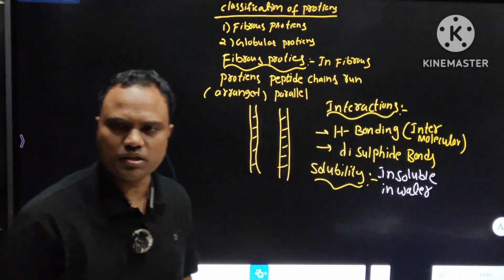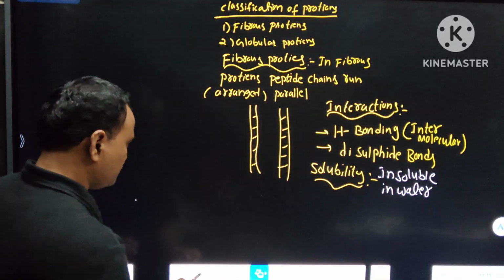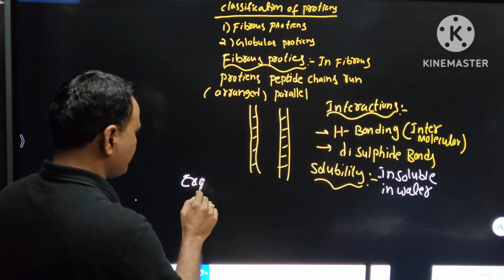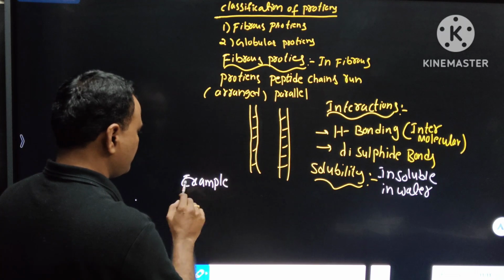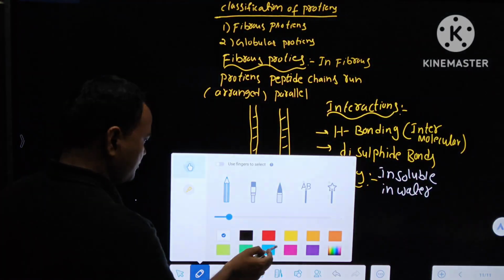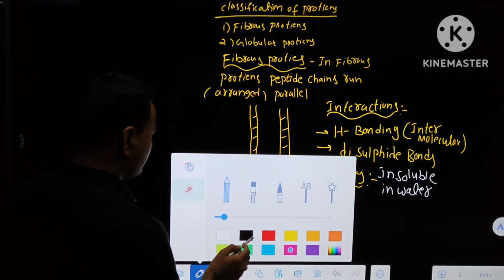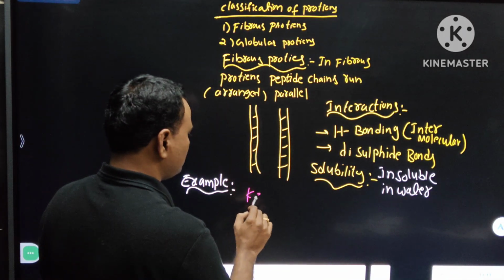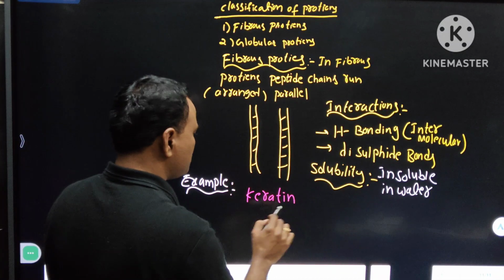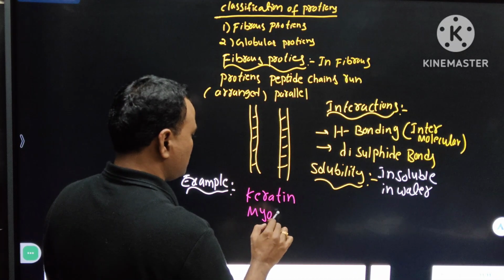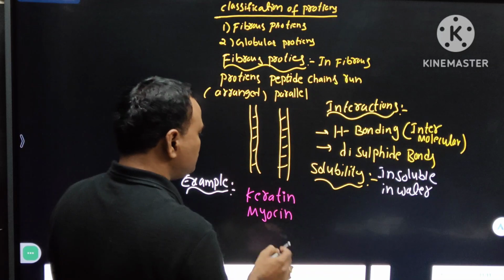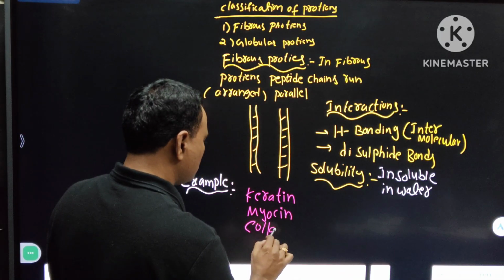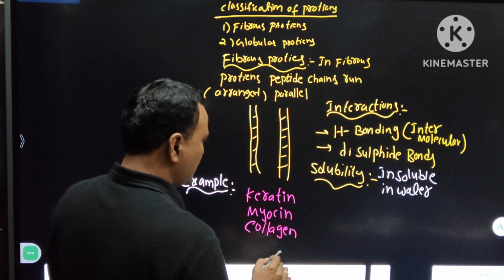Examples are very important. Examples list: keratin, myosin, collagen, elastin.